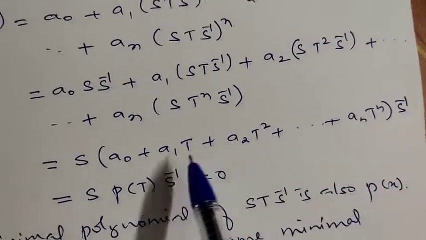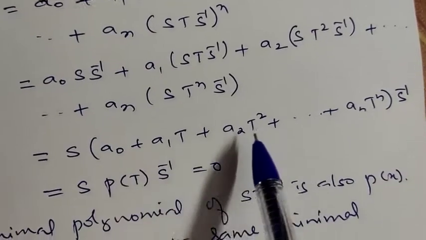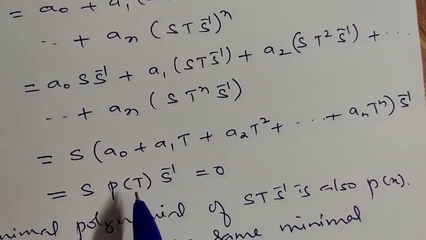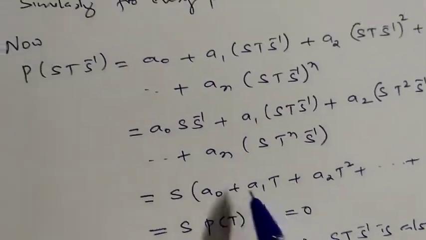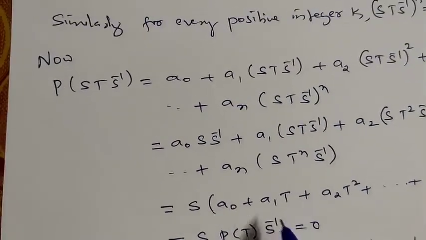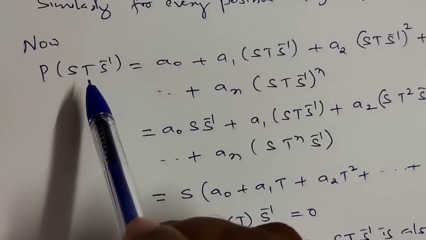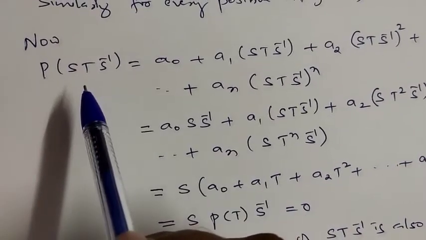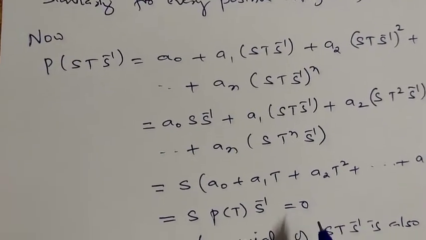So I group like this. So s into, what is this? This is nothing but p of t into s inverse, but p of t is 0. Therefore the right hand side term is equal to 0. What? p of s t s inverse is 0 means what? p of x is also a minimal polynomial of s t s inverse.